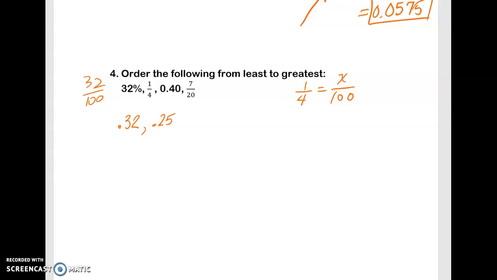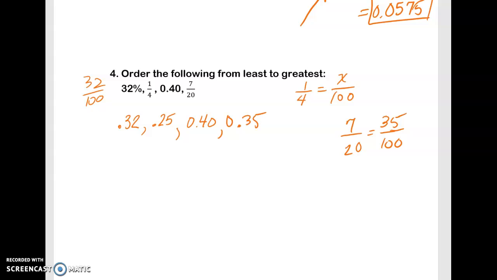It'll also give you the percent, but it'll give you the decimal. 0.4 is already a decimal. And how about 7/20ths? Either you can do 7 divided by 20, or you can do, well, in order to go from 20 to 100, you multiply by 5, so 7 times 5, that equals 35 over 100, so it's 0.35 for my decimal.